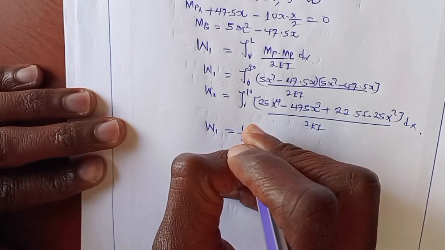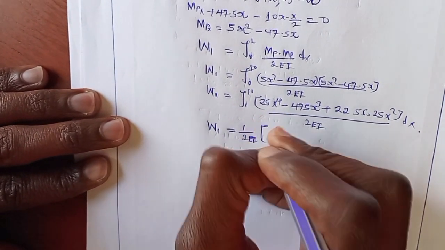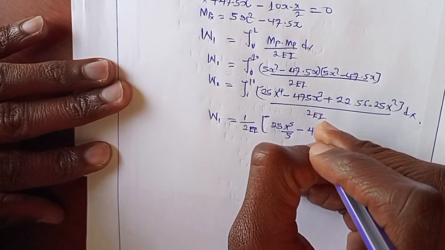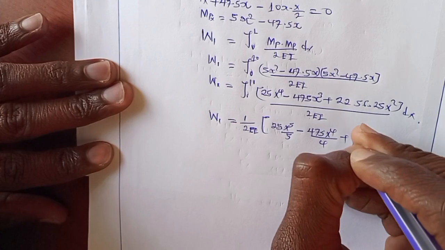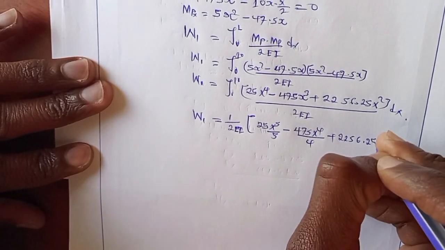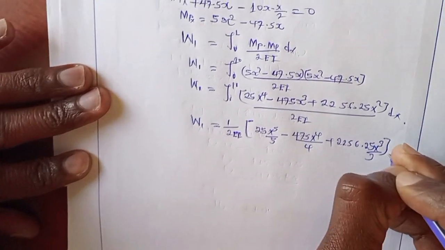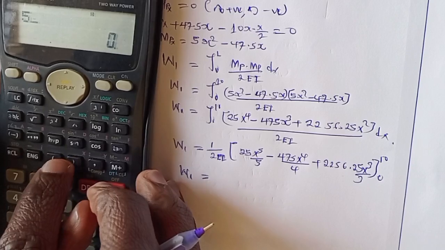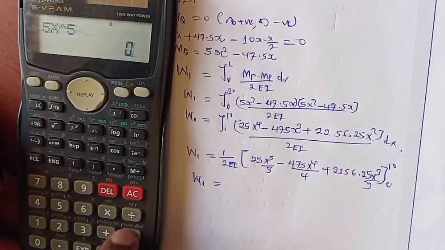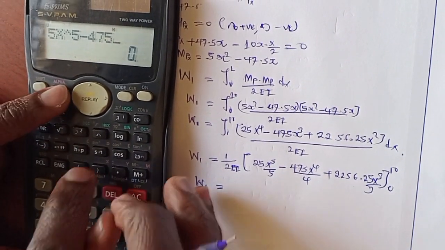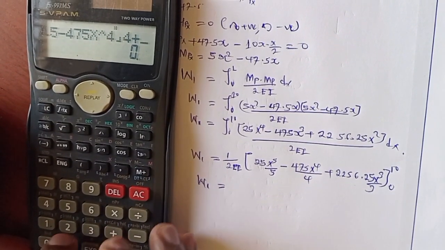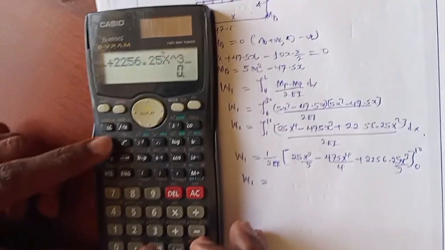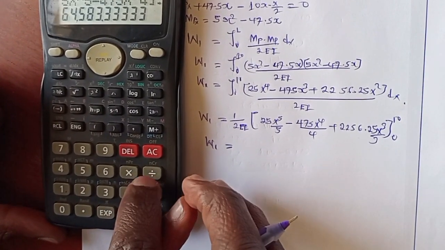Now let's integrate this one. This is constant, let's factor it out. When we integrate this one, it will be 25x to the power 5 over 5 minus 475x to the power 4 over 4 plus 2256.25x to the power 3 over 3, integral from 0 to 10, divided by 2.